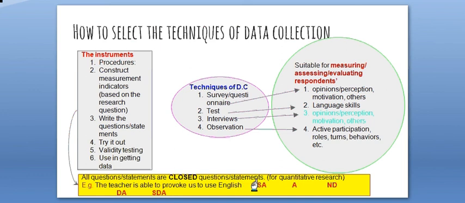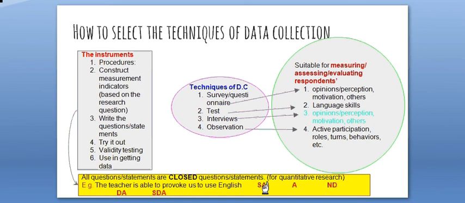Then your respondents or students will opt for strongly agree, agree, not decided, disagree, or strongly disagree. In terms of statistics, you can put the score later on.